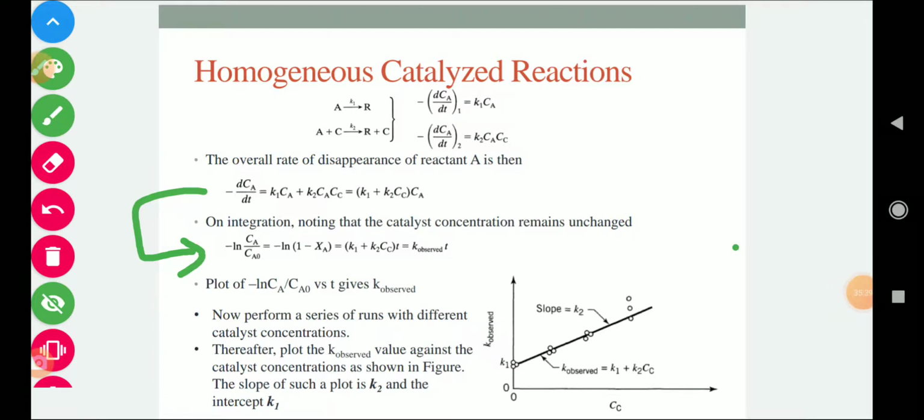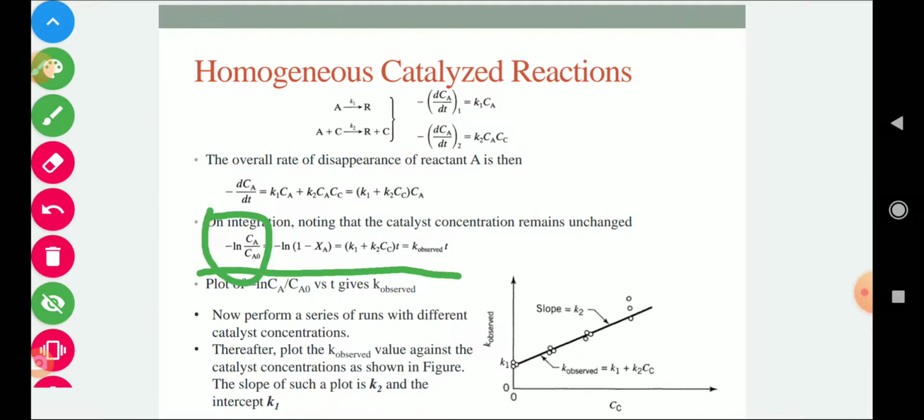So here you can see this is the equation of a line. So first of all, plot minus ln Ca versus K observed t. This is the equation of a line, so the slope of the line will give you the value of K observed. In that way you calculate K observed.